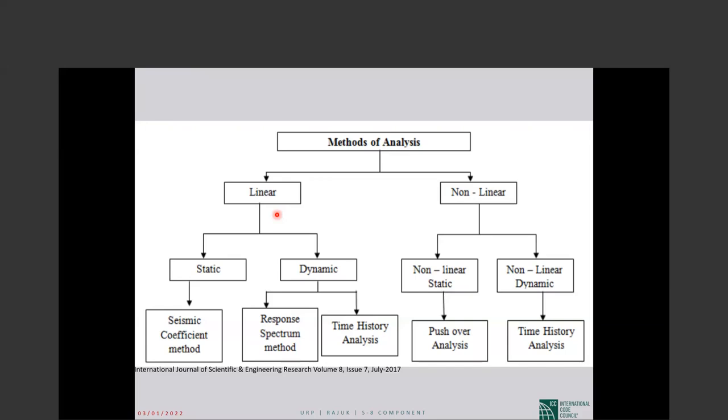So for the capacity, when we want to compare with the demand, we define different performance levels: IO, for example, immediate occupancy, LS, life safety, and CP, collapse prevention.